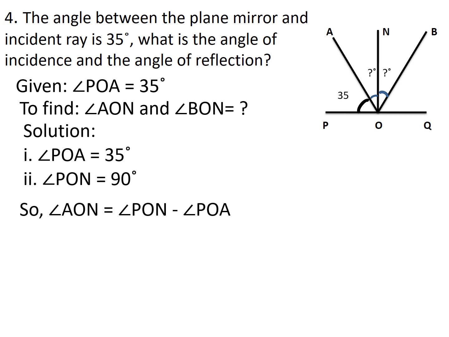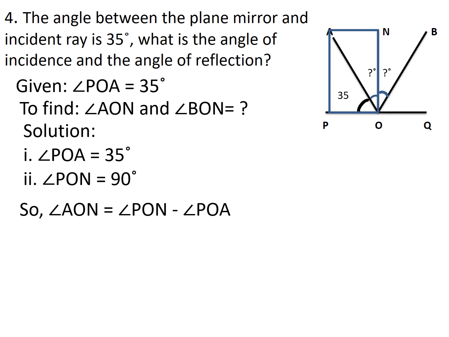So if I want to find AON, angle AON is equal to PON minus POA. Let's look at this. This is the entire thing that I know. That is PON. This entire region is how much? 90 this is. Okay, entire angle that I have, this entire area is 90.